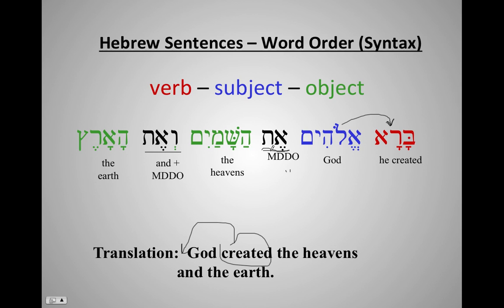That marker tells us, we don't translate it, it's just telling us what follows it is the direct object of the verb. So God created what? This is telling us what comes next is the object. God created the heavens, and we have a conjunction stuck in there before one of those markers, and the earth.